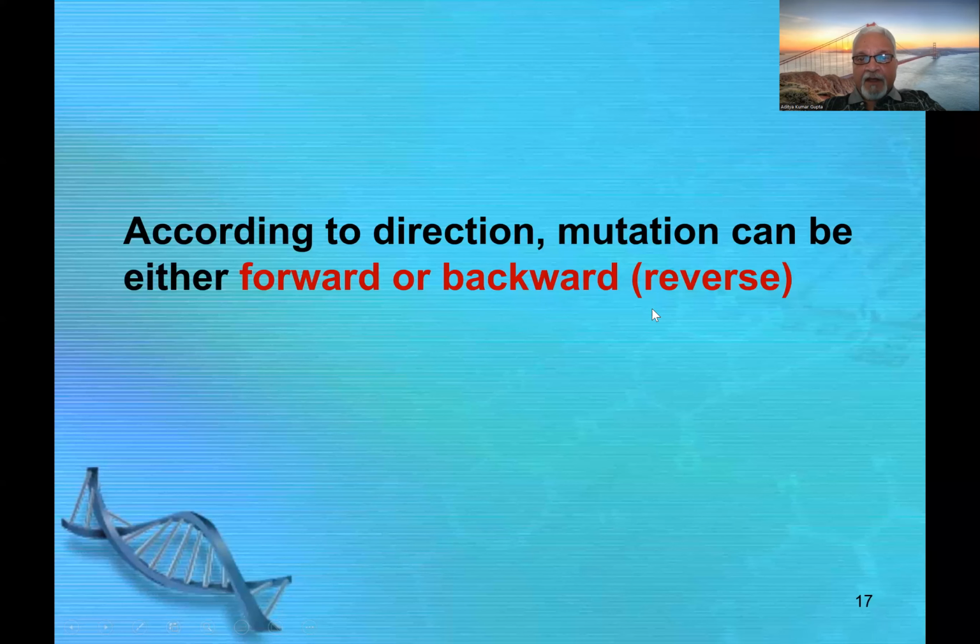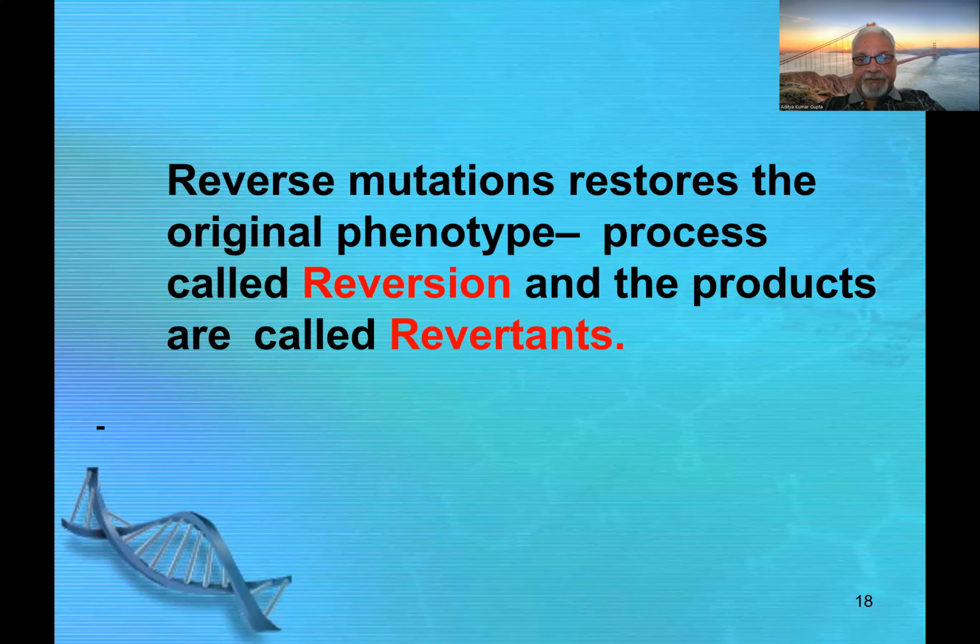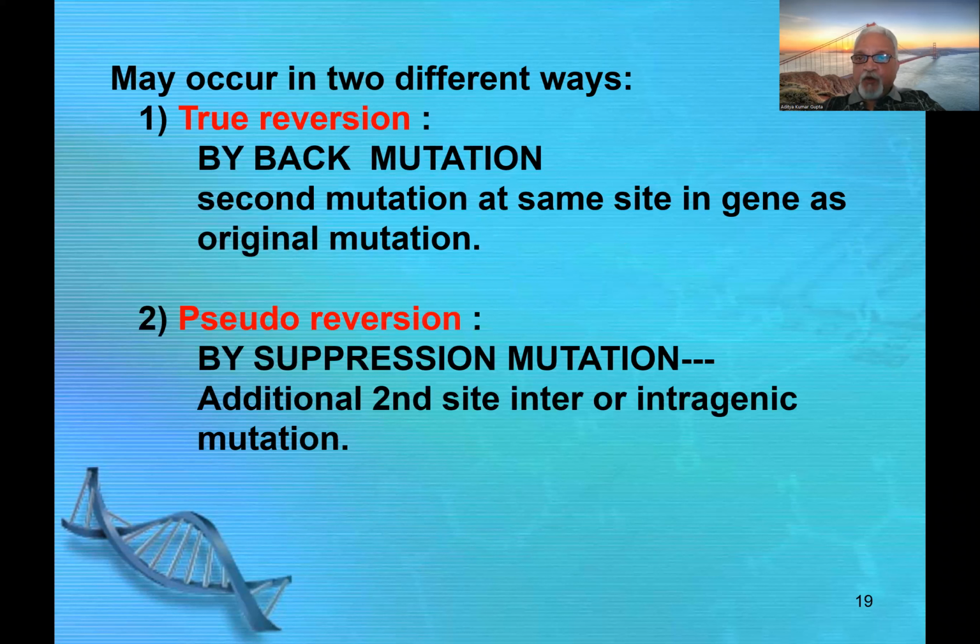So there are two ways by which the reversion takes place. One is true reversion, and another is pseudo reversion. So what is true reversion? In true reversion, the second mutation reverses the previous mutation, and the gene becomes absolutely wild type.